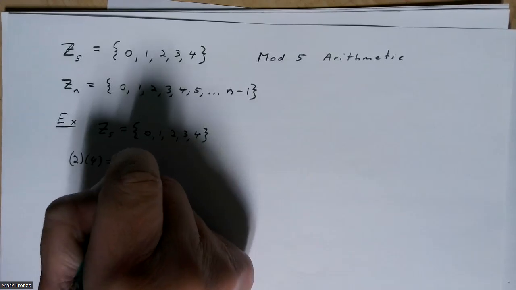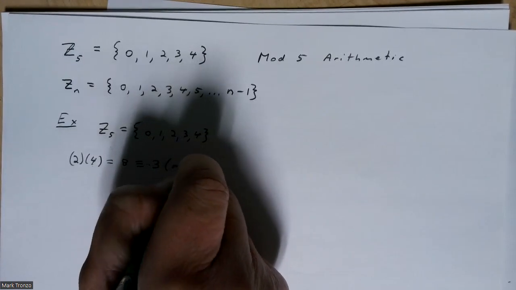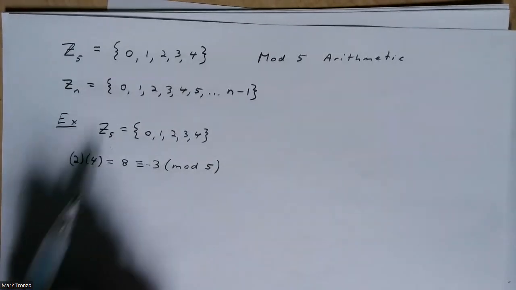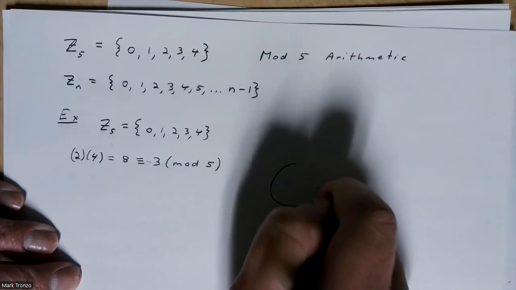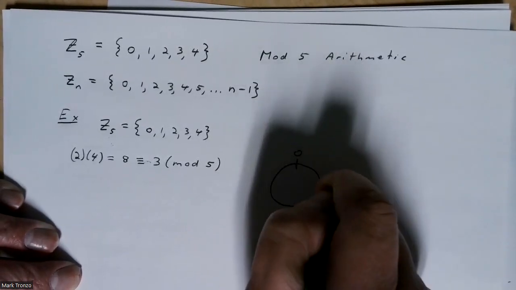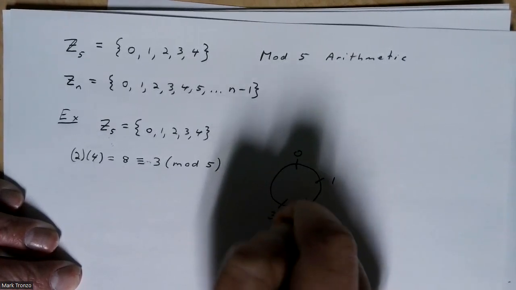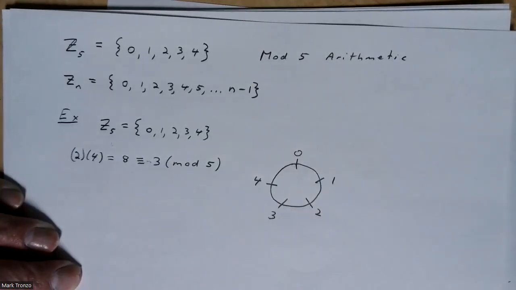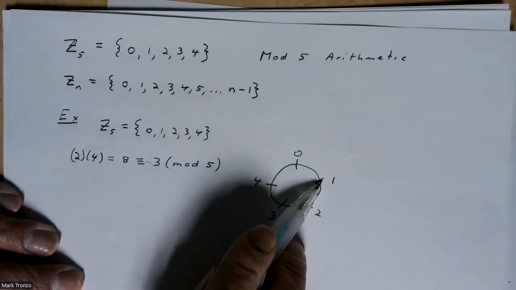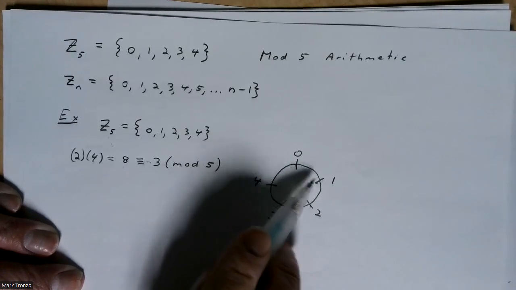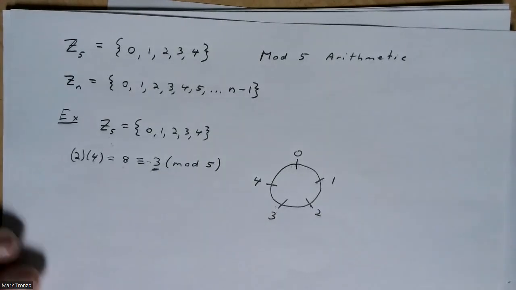So this is going to be equal to, or congruent to, 3 mod 5. Whatever number is here, that's going to be your modulus. And so again, you could do it with a wheel. Like this. So here we had 8. So count 8: 1, 2, 3, 4, 5, 6, 7, 8. We landed on 3, which is what we had here.